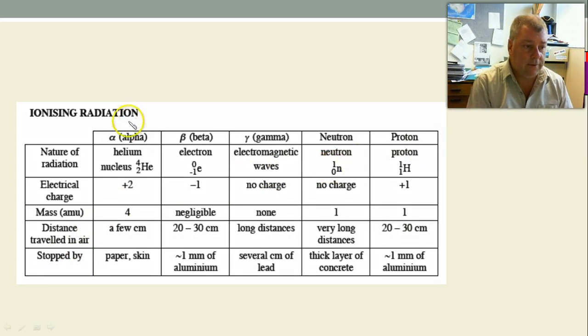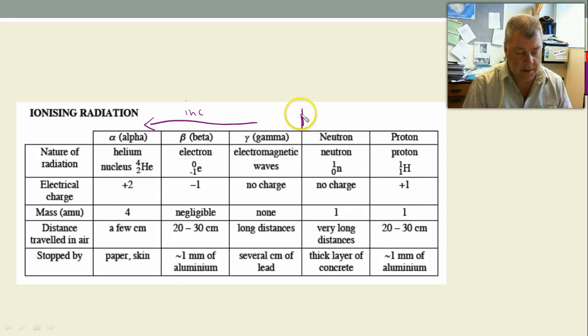If we look at the alpha, now this was the greatest, and so in terms of ionizing power, we can draw a wavy arrow. We can go increasing in that direction from here. Okay, so gamma least, beta, alpha. Now, why is that?